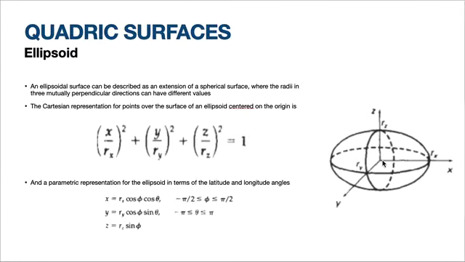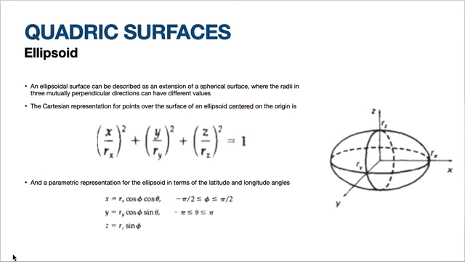Here again this ellipsoid is centered at origin and it has three radii, rx, ry and rz, and such an ellipsoid can be represented using Cartesian equation as x by rx the whole square plus y by ry the whole square plus z by rz the whole square equal to 1. So, any point x, y, z on the surface of this ellipsoid should satisfy this equation.